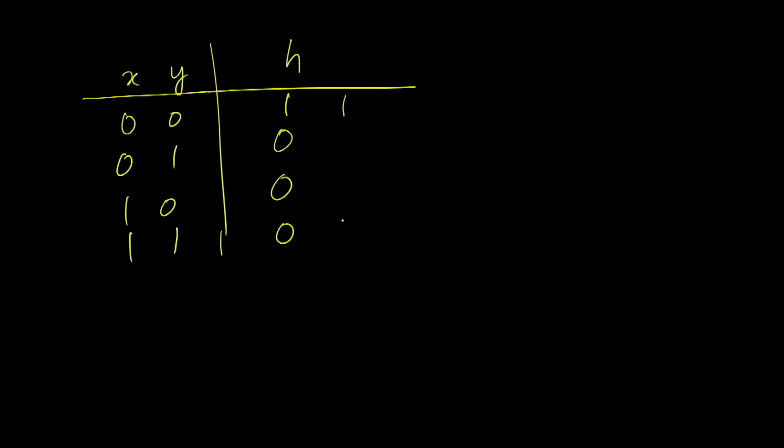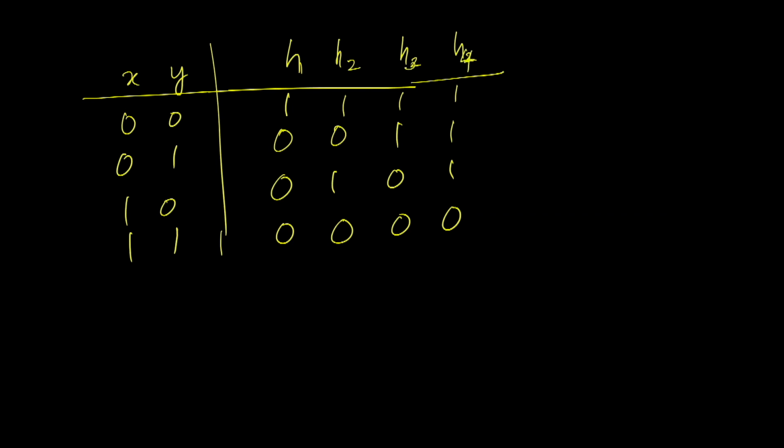The other alternatives are 0 1 here, or 1 0 here, or 1 1 here. So, these are the 4 possible functions that could be universal logic gates.